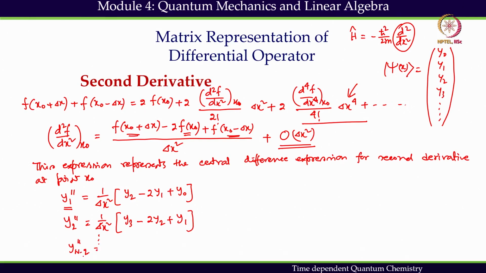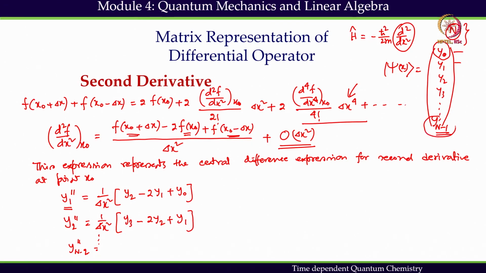Because we have n points in total, starting with 0, it ends at n minus 1. I will not be able to get the derivative at this last point because I do not have any point one step forward.